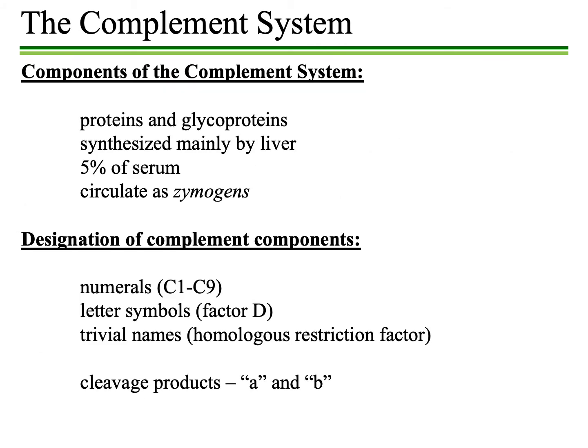So what I'd like to do first is talk a little bit about the components that we find in the complement system. The components of the complement system are mostly proteins and some glycoproteins. There are over 25 different protein and protein fragments that have been identified as part of the complement system. These proteins and glycoproteins are synthesized mainly by the liver.